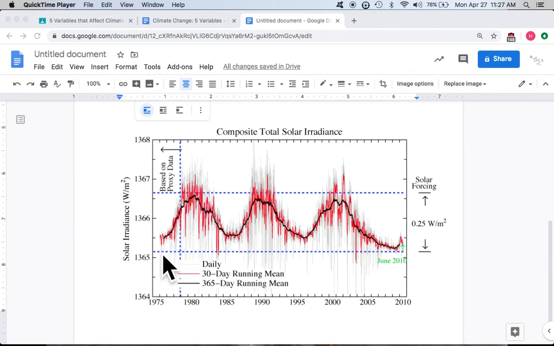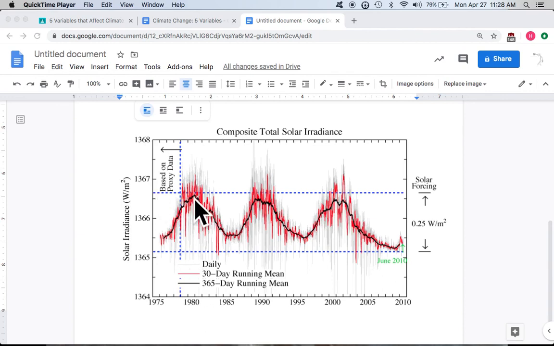But the yearly average, what we can see is there's this increase, decrease, increase, decrease, increase, decrease. And then predictably, if this graph continues, we would probably see an increase over into here. What that means is the sun is a dynamic oscillating system.